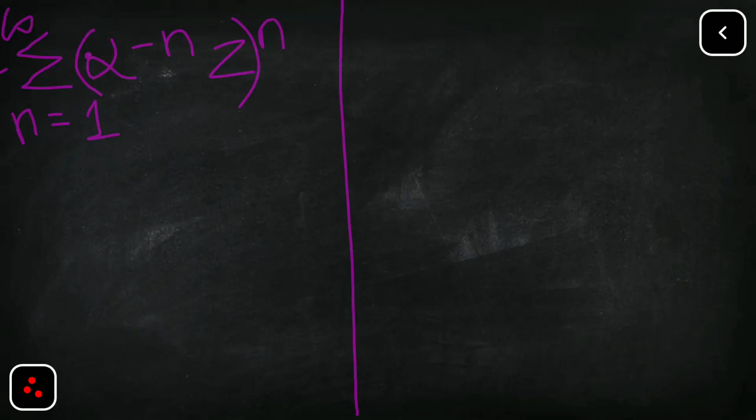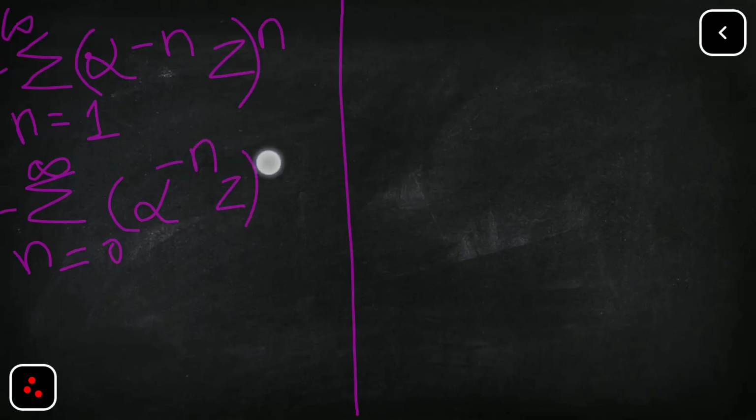Now if I use the formula, the summation of n equal to 0 to infinity of alpha to the power of n, what do I get? I get the summation of n equal to 0 to infinity of alpha to the power of minus 1 into z, whole to the power of n.